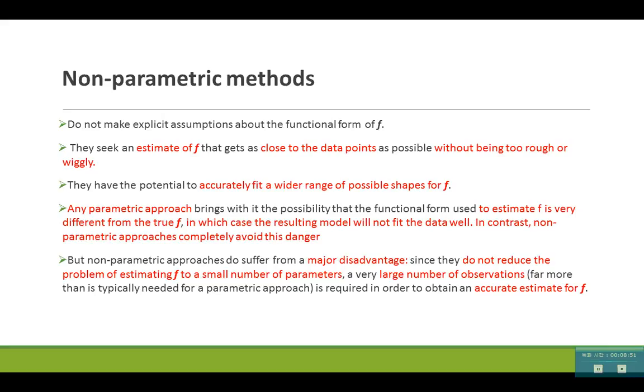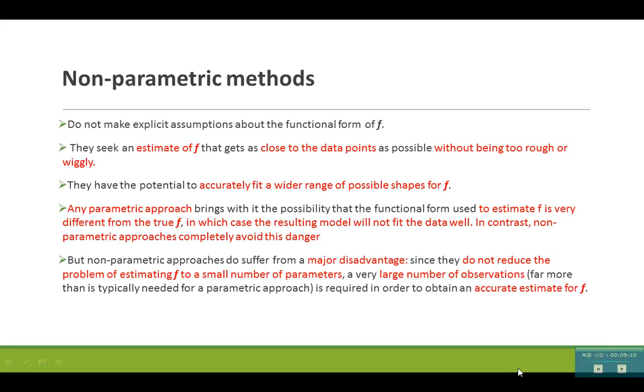Same thing about the non-parametric method. The major disadvantage of non-parametric methods is that they do not reduce the problem of estimating f to a small number of parameters, because a very large number of observations is required in order to obtain an accurate estimate for f.